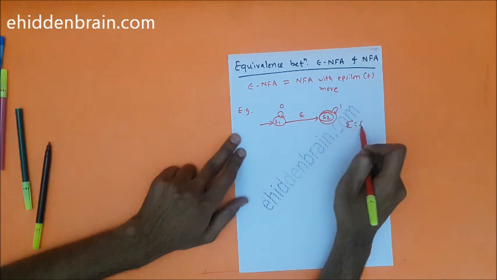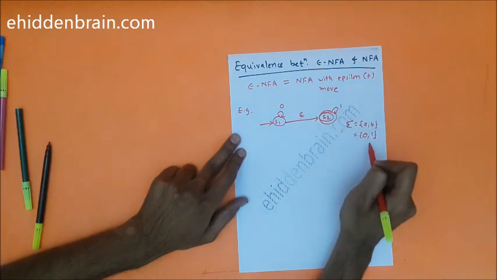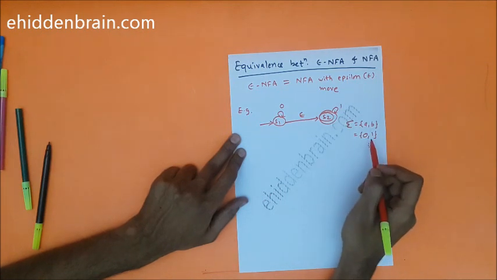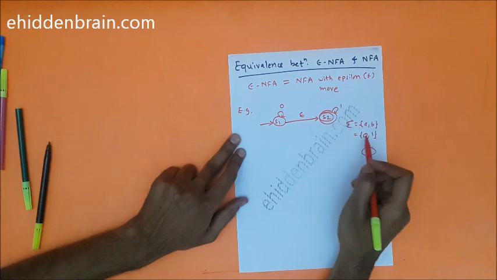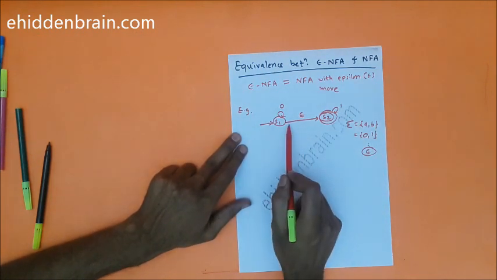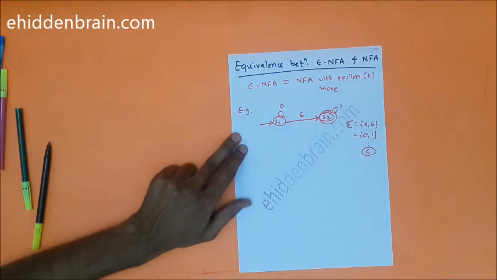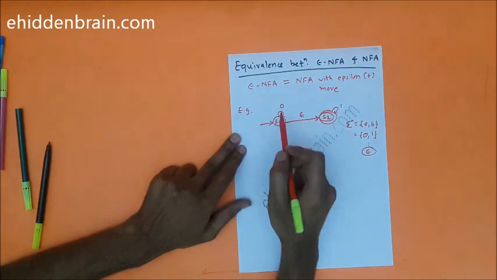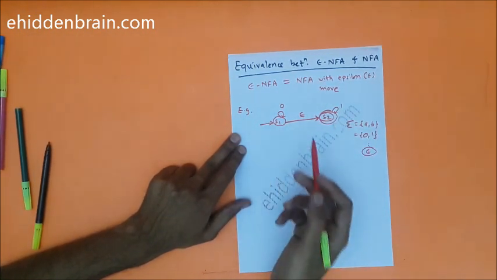Input alphabets can be a, b, or 0, 1. But we can't have epsilon as an input alphabet in a general NFA or DFA. There is a special case of NFA where we can have epsilon on a transition line, and that is called epsilon-NFA. Why is it an NFA? Because the transition of 1 is missing here and the transition of 0 is missing.